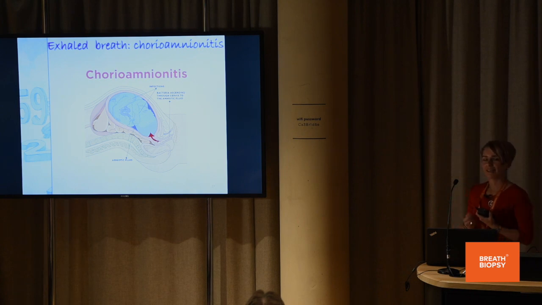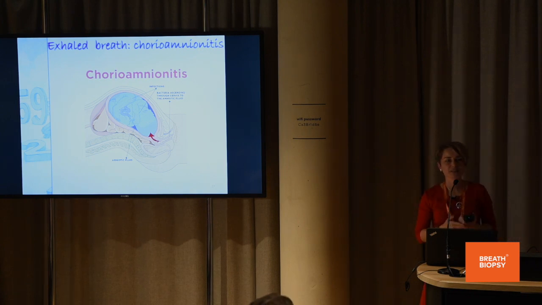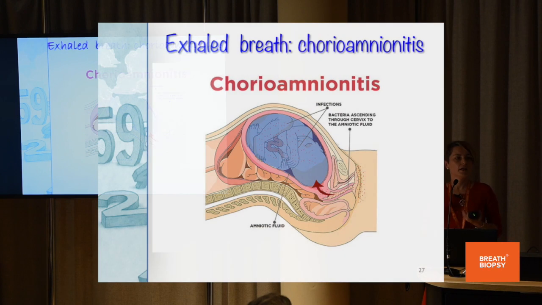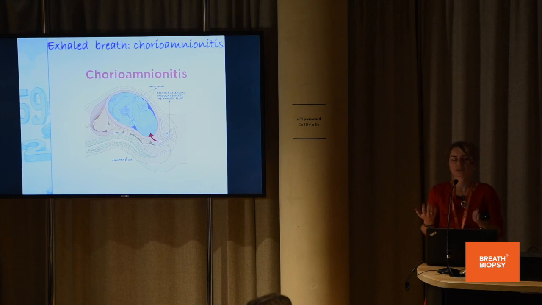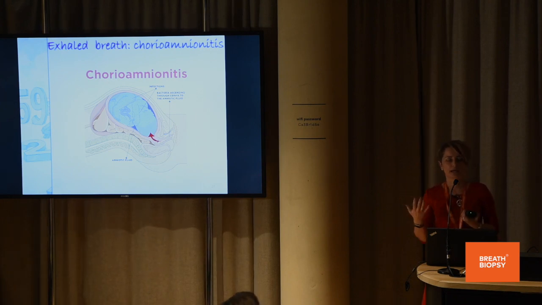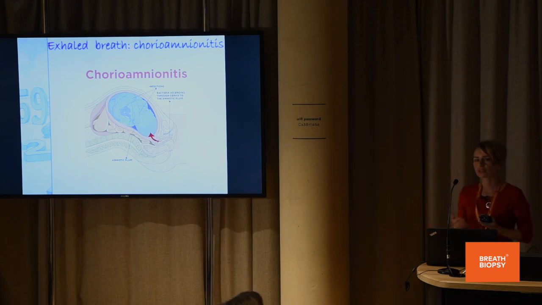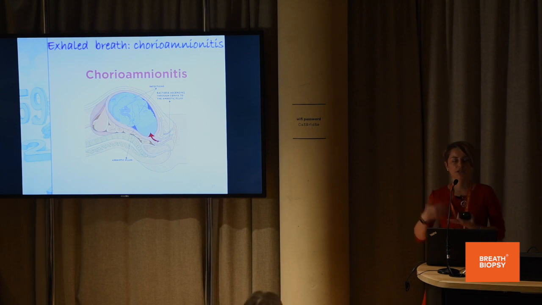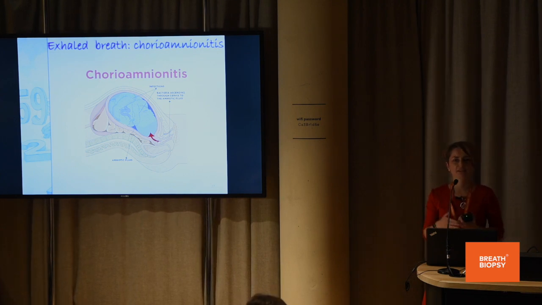It's basically an infection of the amniotic fluid, and for a pregnant woman it's not really dangerous because a woman affected with this infection basically has flu symptoms, so she can have fever, she can be tired. But for an unborn baby, it's very dangerous because it leads to premature birth and, of course, a lot of complications afterwards. And it's very difficult to diagnose.